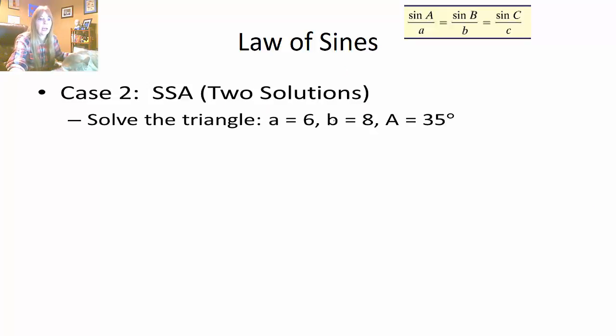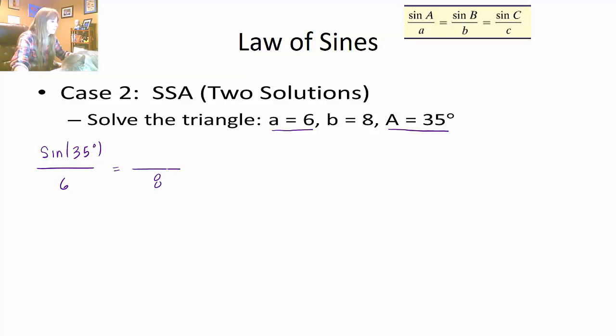So once again, I have my cat in the way, which is the first problem. So here I have the A values, so probably I'm going to use them. Sine of 35 degrees over a equals sine of B over 6, and then because I have little b, I'm going to solve this for sine of B. I do all that algebra stuff, so in other words, the cat just flipped upside down.